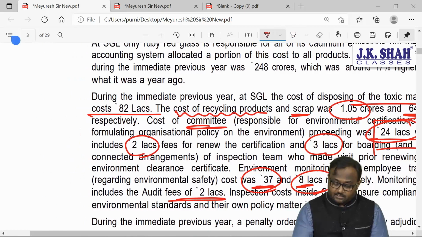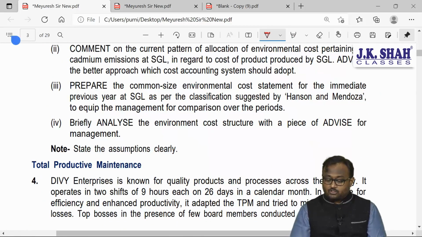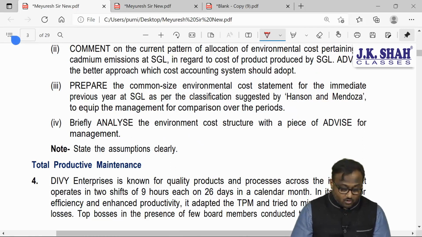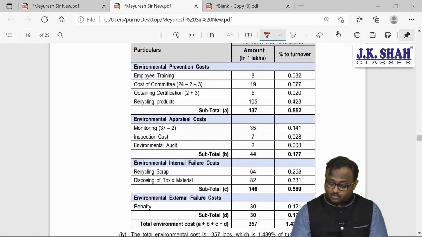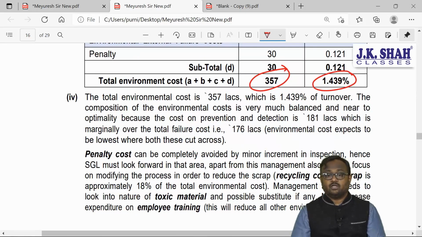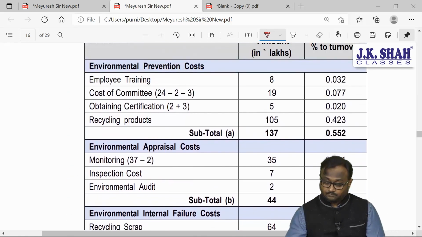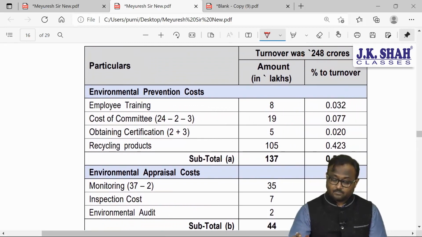So what is the 4th part asked? Briefly analyze the environmental cost structure with a piece of advice for the management. What advice should I give? Boss, if you recollect, your total cost is 357 lakhs, which is around 1.439% on turnover of 248 crores.